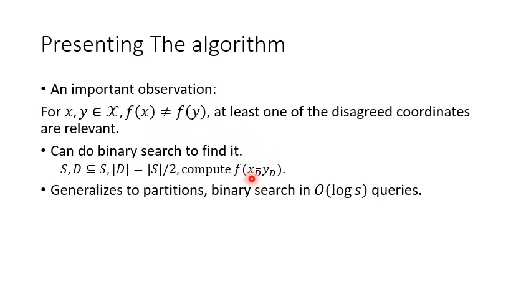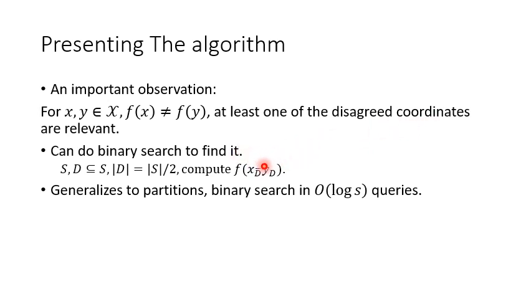But now f has two options. It can either be not equal to f of x, or not equal to f of y, because f of x is not equal to f of y, so this value must be not equal to at least one of them. But if it is not equal to one of them, and we have successfully taken down the number of disagreed coordinates by half, then that means that now we have two new inputs, one of x and y, and the hybrid x_D-bar y_D, such that the function disagrees on them, and the disagreed coordinates are now half what they have been before.